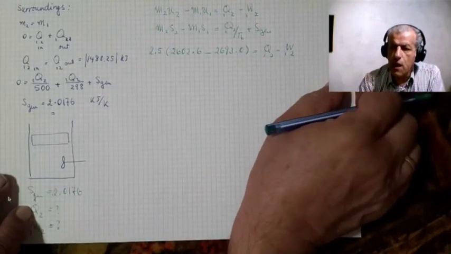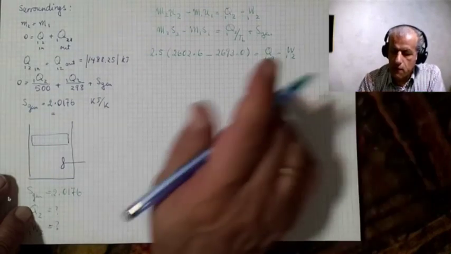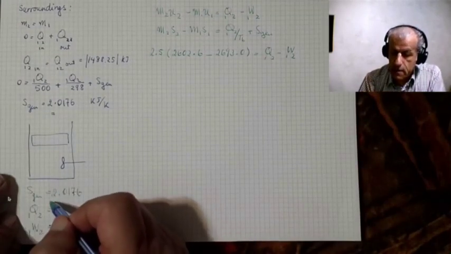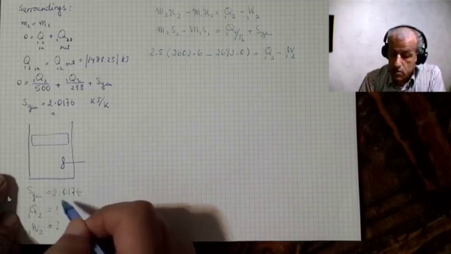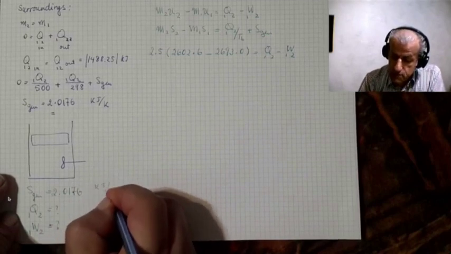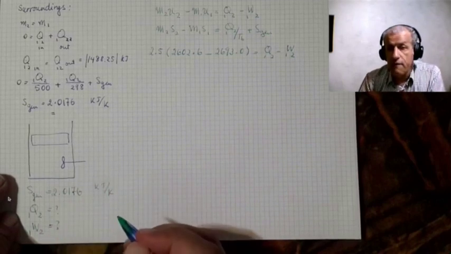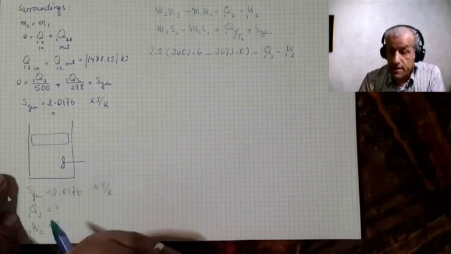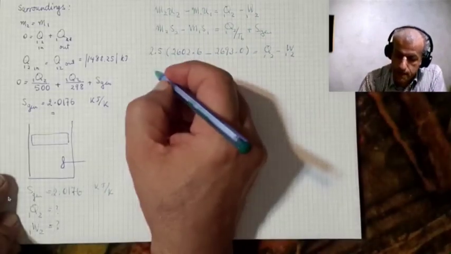The green are our new condition where we do work with this propeller and we impart S gen. 2.0176 kilojoules per Kelvin of entropy is generated with this propeller.